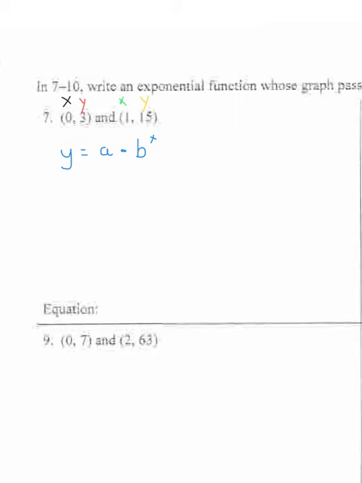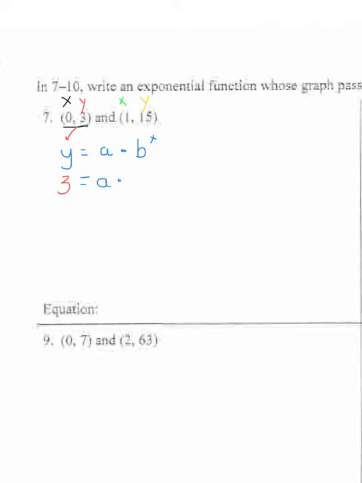So the first thing we're going to do is substitute the ordered pair that has 0 as the x. So the ordered pair is 0, 3. And we're going to substitute those values in for y and x, and you'll see why. So for y, we're going to put 3. We don't have a yet, that's what we're looking for.